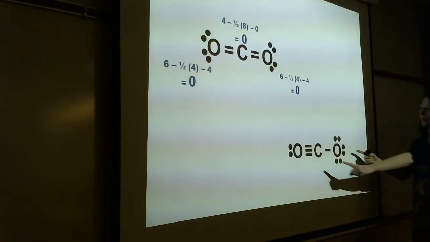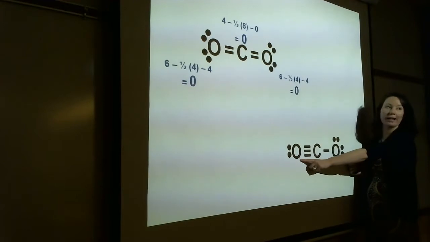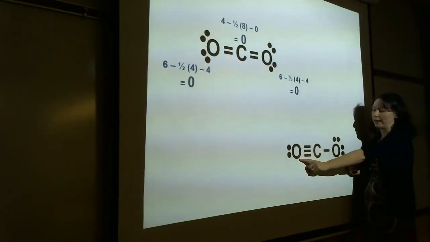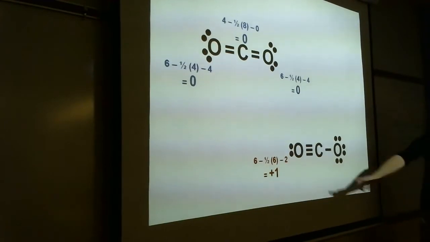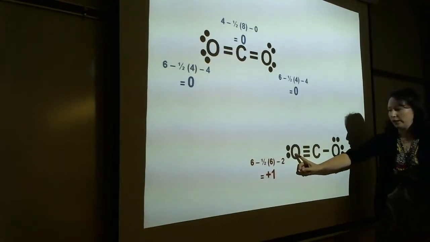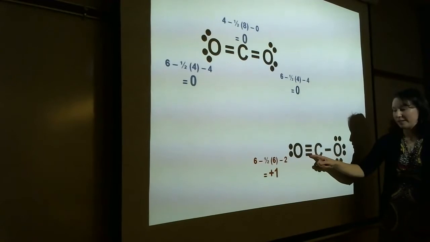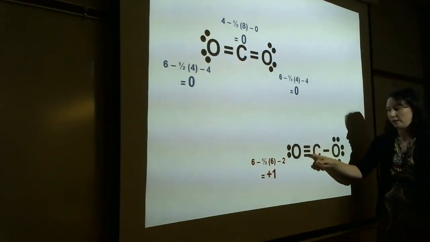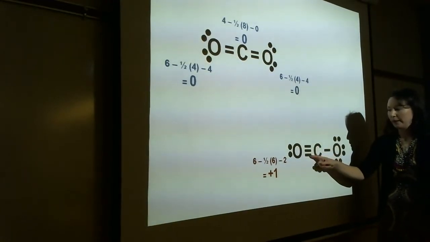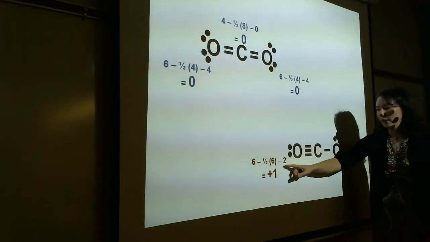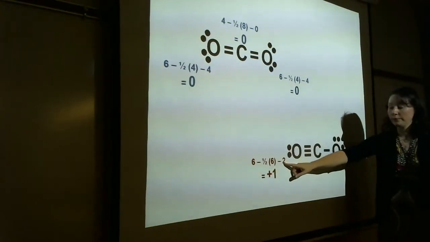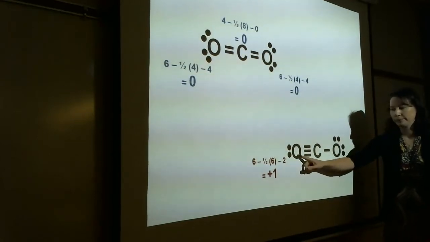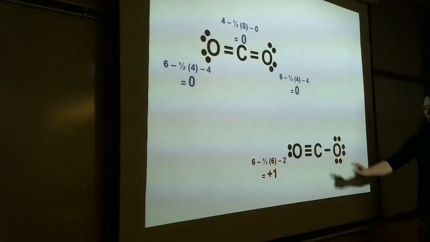Now let's do the other resonance structure. We're going to have to calculate both of these, because these 2 are not identical. So let's do this one first. Oxygen is 6 valence electrons. There are 6 electrons that are bonding and 2 that are non-bonding. So 6 minus 3 minus 2 gives me plus 1. Let's do carbon now.